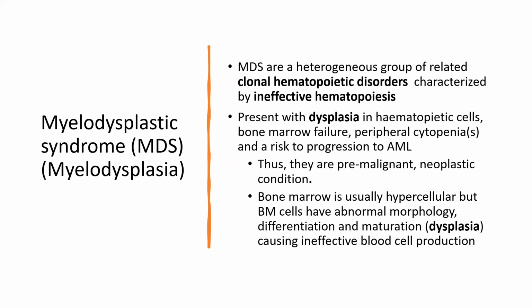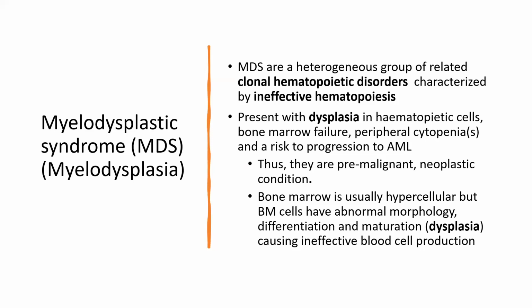So the patients present with dysplasia in their hematopoietic cells. And I know you've had some anatomic pathology lectures, so you know what dysplasia is. It is a cell which has abnormal morphology, abnormal differentiation, and abnormal maturation.